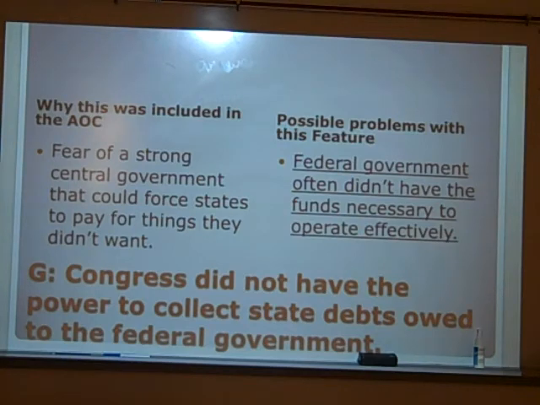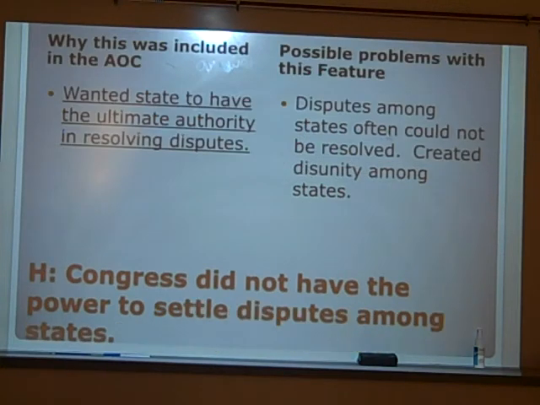So if I don't want to pay in this tax because I have nothing to do with it, all of a sudden I'm being forced into it whether I like it or not. Possible problem with this is the federal government often didn't have the funds necessary to operate effectively. We talked about that before. You have no money, your country falls apart. Think about the government shutdown that we just kind of went through inside the United States.